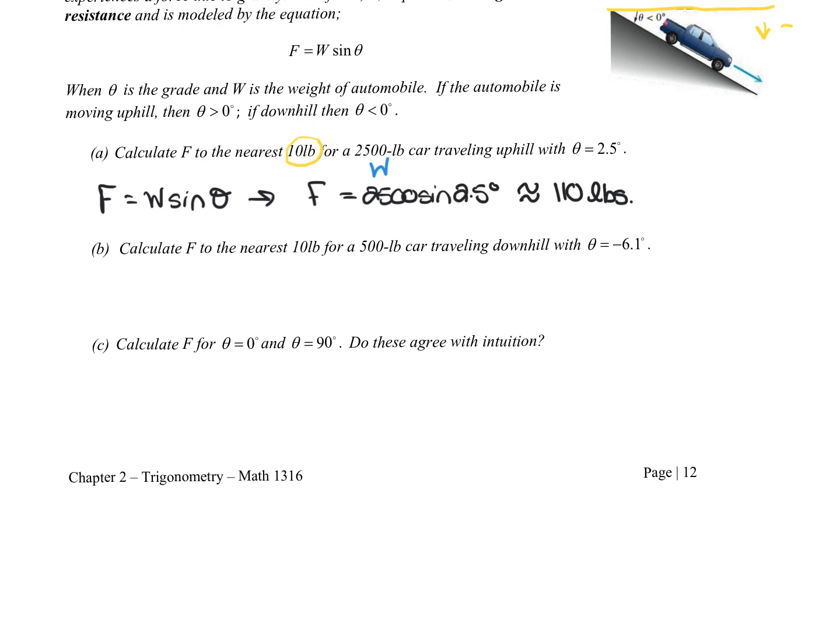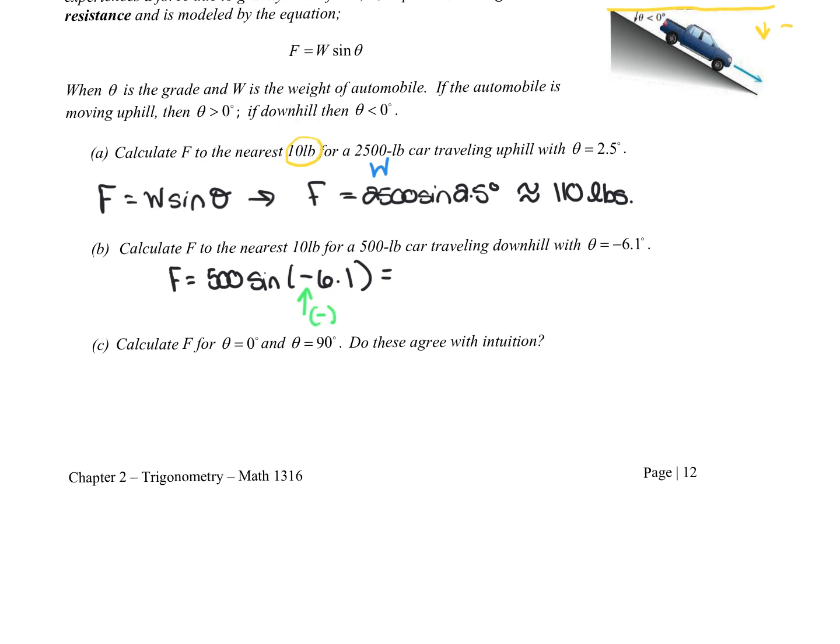The next one says that it wants us to calculate F to the nearest 10 pound for a 500 pound car, and this time my theta is negative. I'm going downhill. So F equals, my W is 500 pounds, sine of negative 6.1 degrees. So you type that in your calculator. Make sure you put the negative in front of the 6.1, and make sure you use the negative button like this on your calculator, not the minus button.